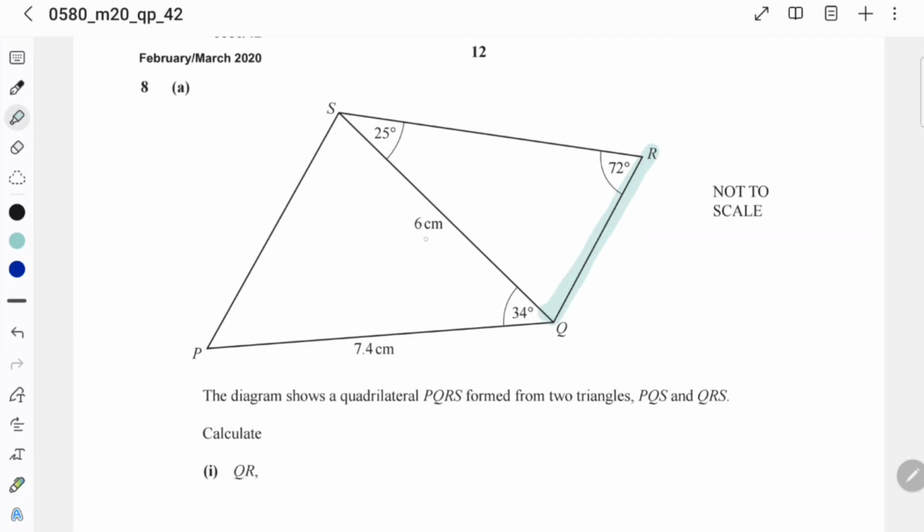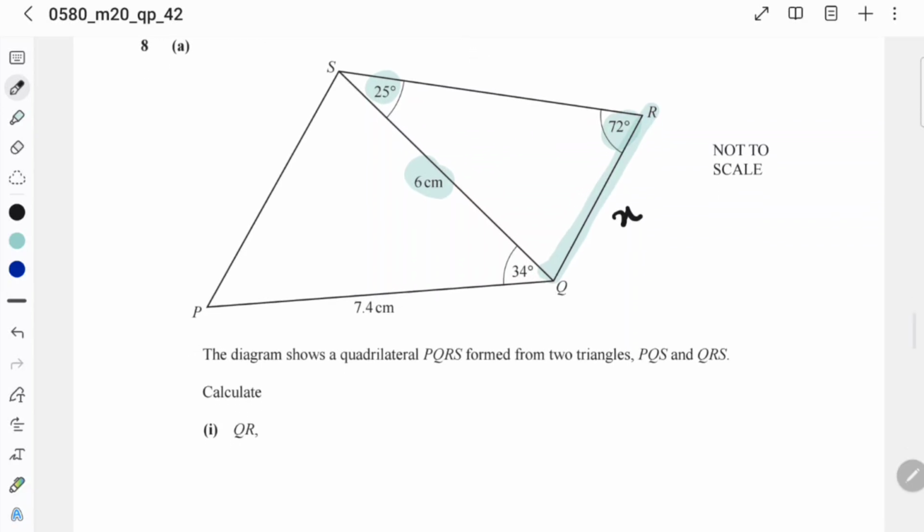In this triangle, two angles and one side are given. So this is the requirement of the sine rule. We are using the sine rule to find the value of QR. I'm taking QR as x. So the sine rule is x upon sine 25 degrees is equal to 6 upon sine 72.